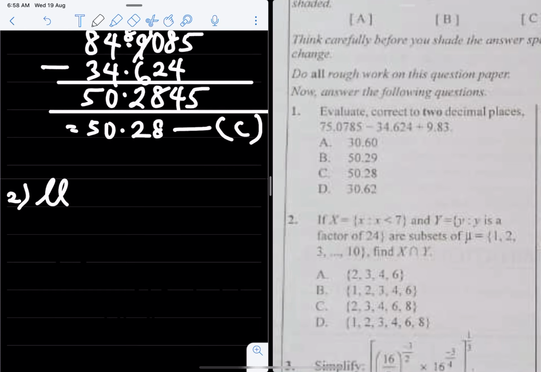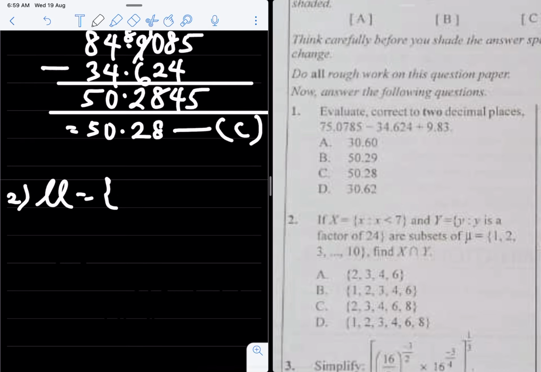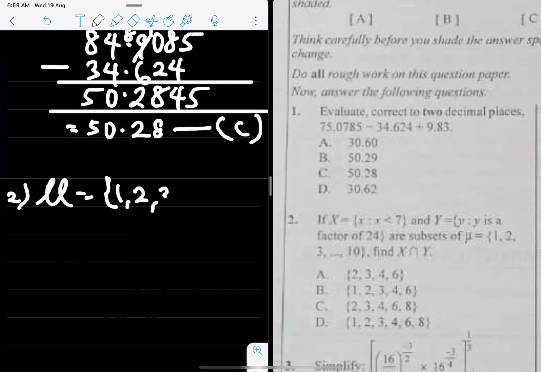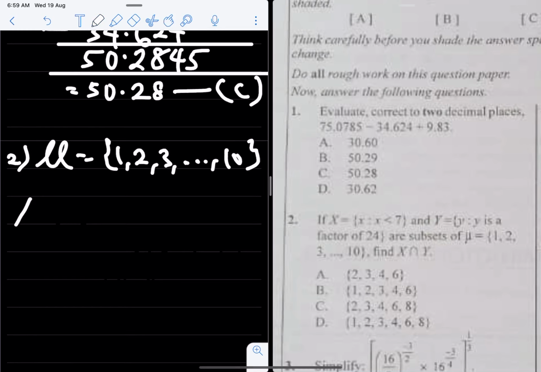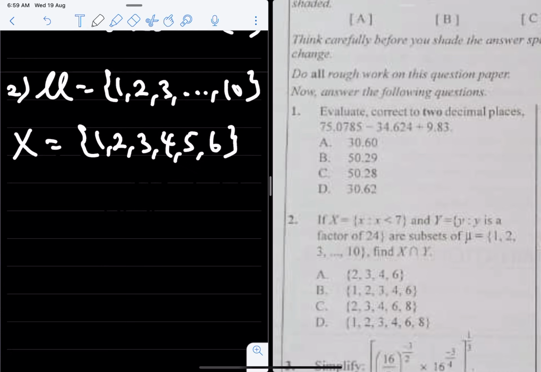If the universal set has elements 1, 2, 3 up to 10, and a subset X has elements less than 7, that will be 1, 2, 3, 4, 5, 6, and another subset Y has elements which are factors of 24.